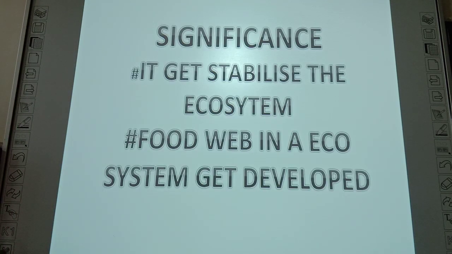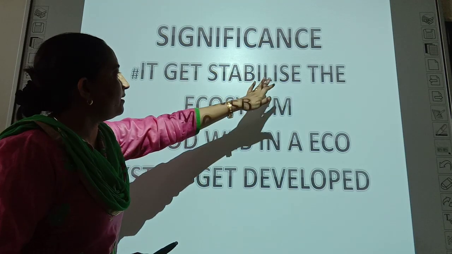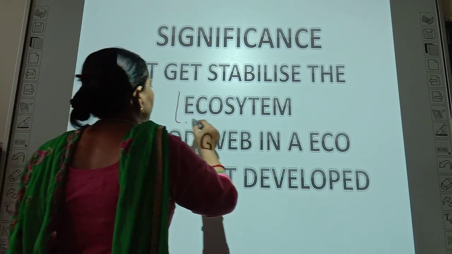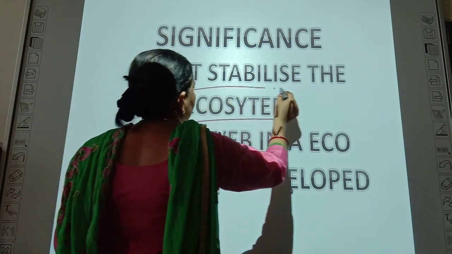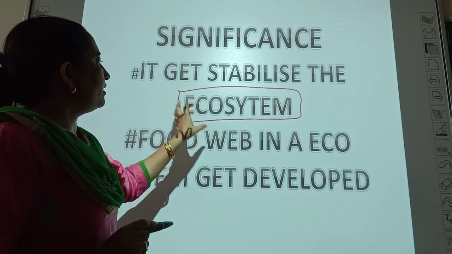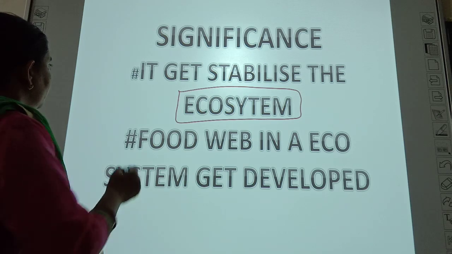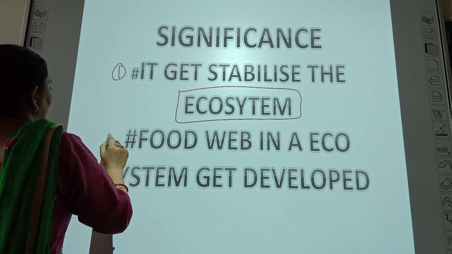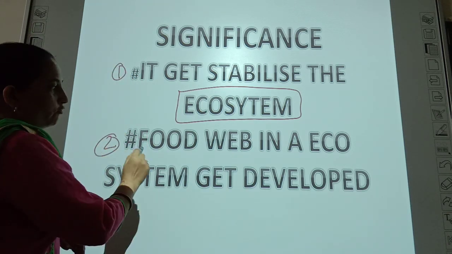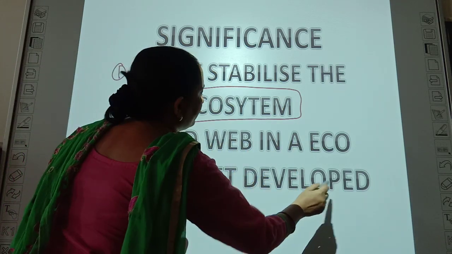What is the significance of a food web? Here it stabilizes the ecosystem. This is the most important significance. Food web stabilizes the ecosystem. Okay, this is the main important point. Second is that food webs in an ecosystem get developed.